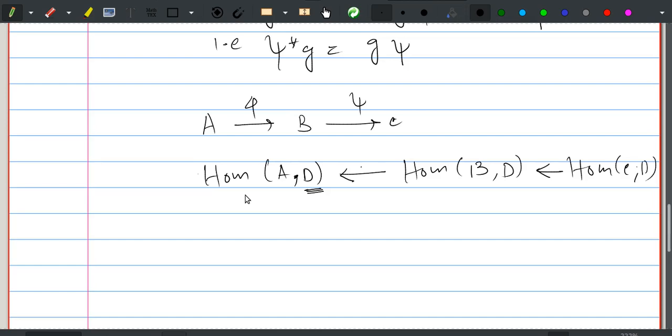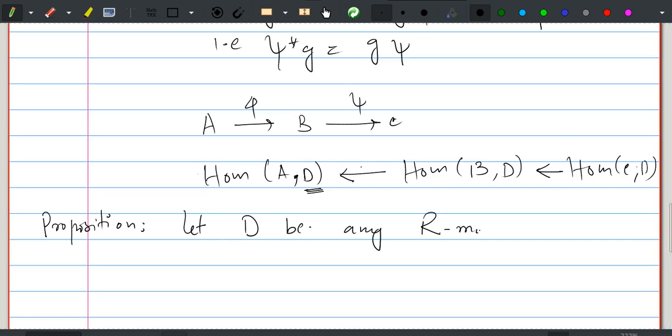Now let us do a result here. So this is our proposition. It states that for any R module D and an exact sequence, suppose let D be any R module.